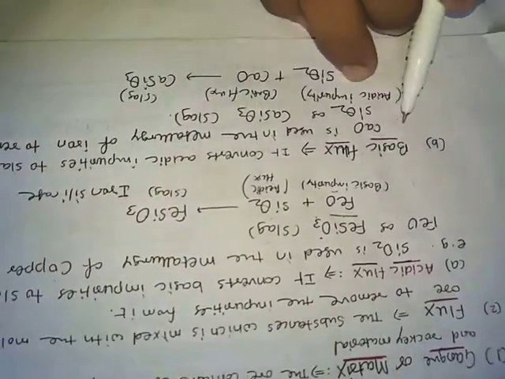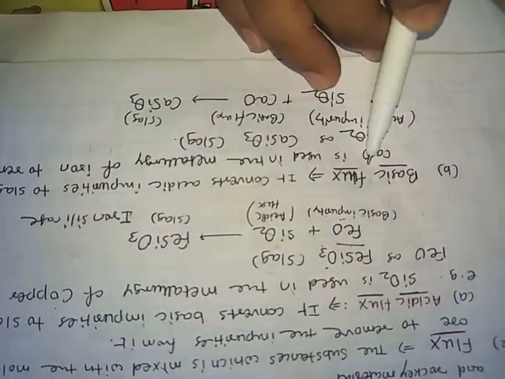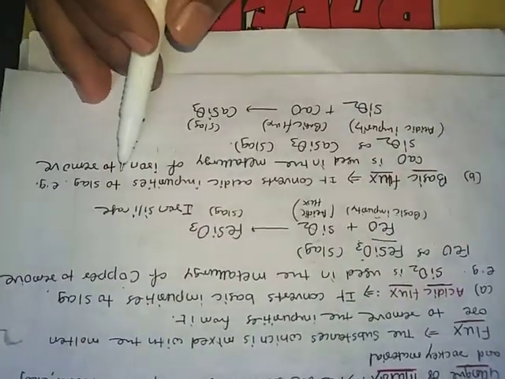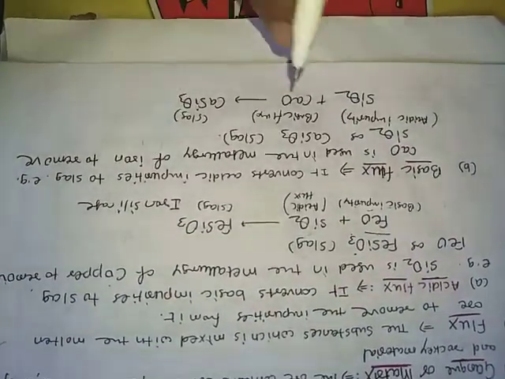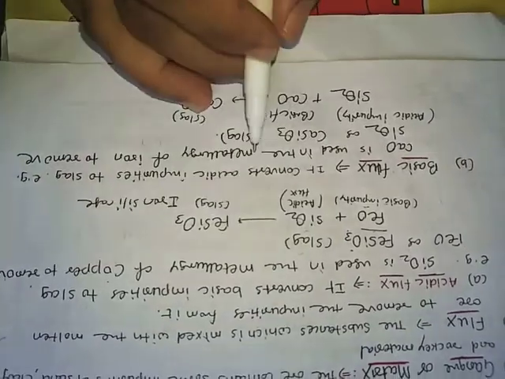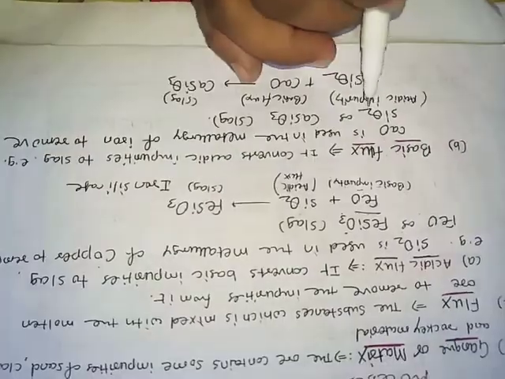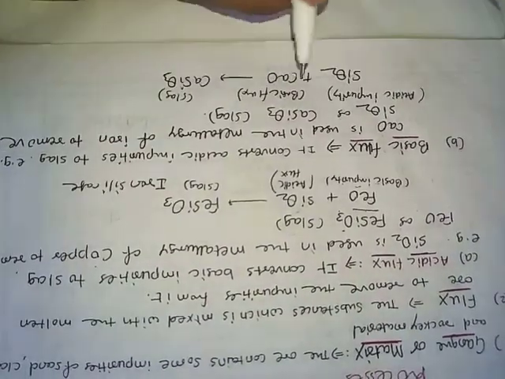Next, small b, basic flux. Basic flux converts acidic impurities into slag. For example, CaO is used in the metallurgy of iron to remove SiO2 as calcium silicate as a slag.